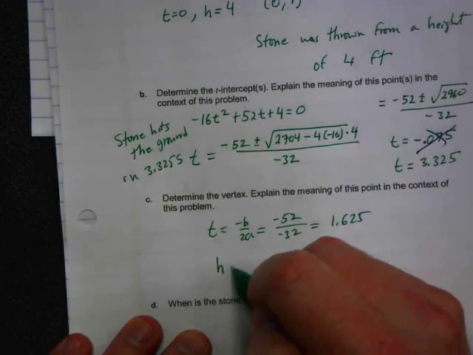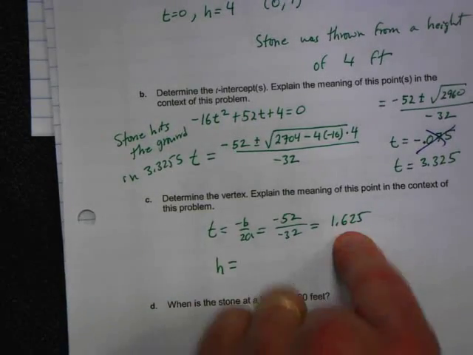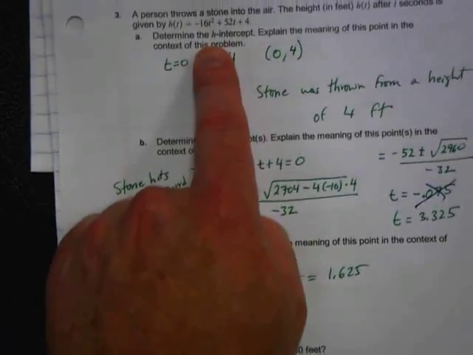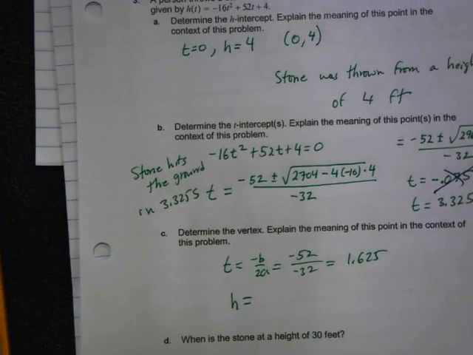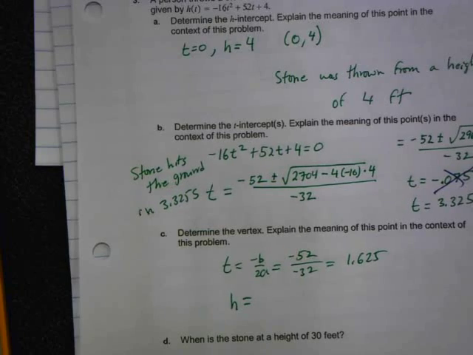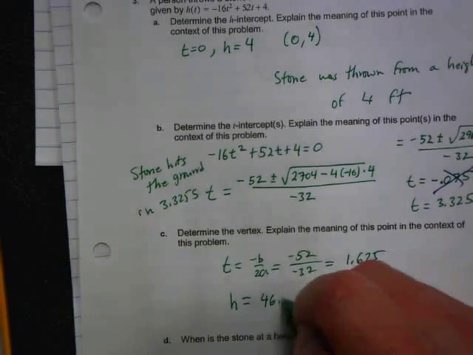Then I take 1.625 and plug it into my formula: negative 16 times 1.625 squared plus 52 times 1.625 plus 4. H would be 46.25.